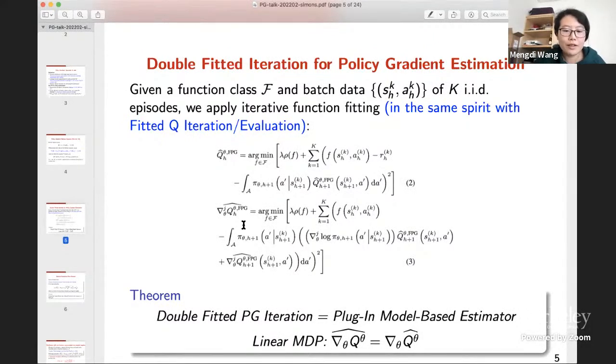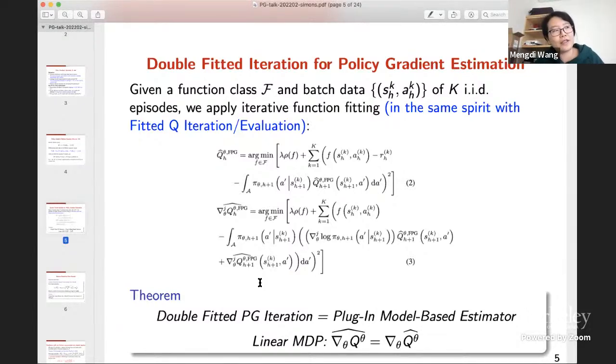Another interesting insight here is that in the simple case of linear MDP, the policy gradient estimated by this algorithm is exactly the same as if we first estimate the Q function, get a Q hat, and then differentiate the estimated Q function with respect to theta.